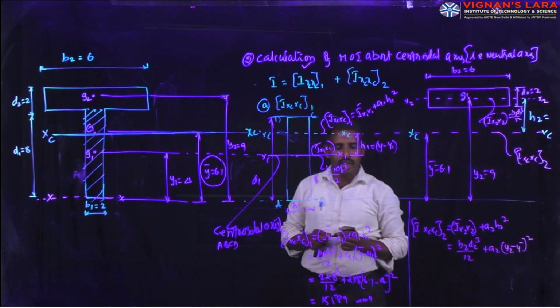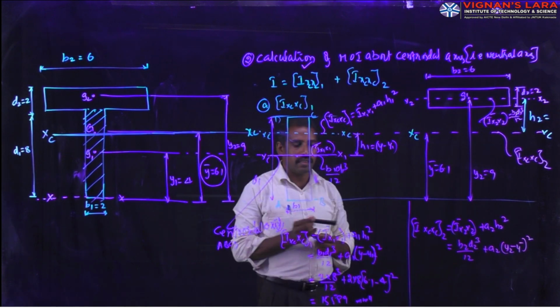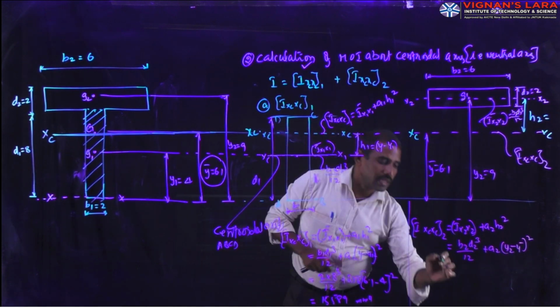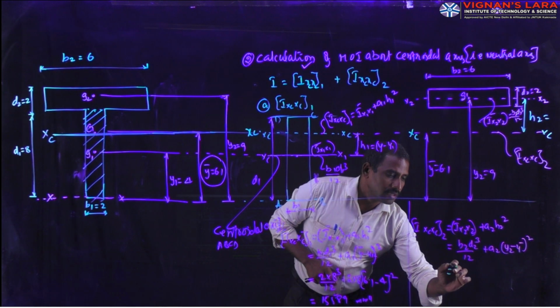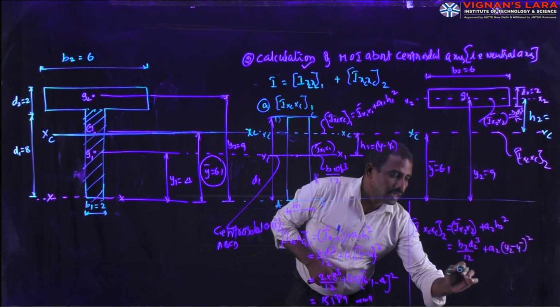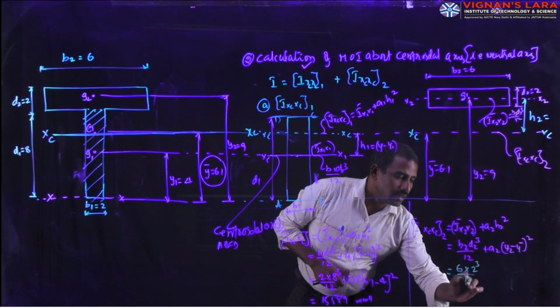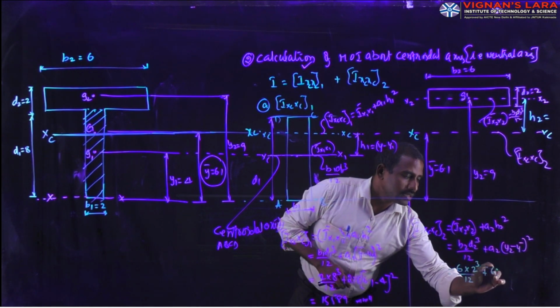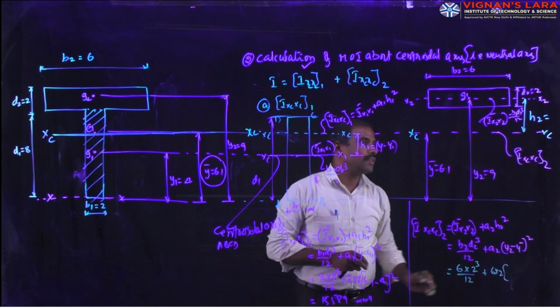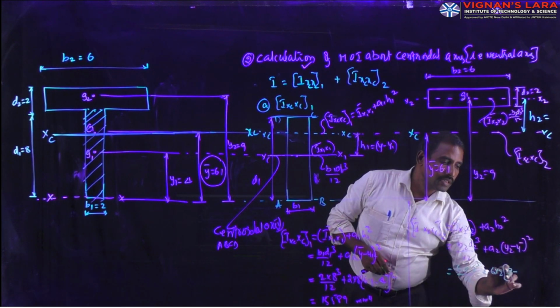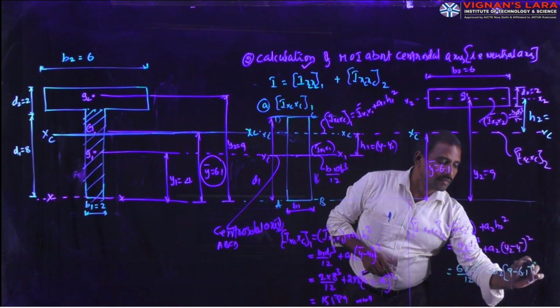Substitute all the values in this equation and finally we will get the moment of inertia. That is 6 into 2 cube by 12 plus 6 into 2 into y2, 9 minus y bar, 6.1, whole square.